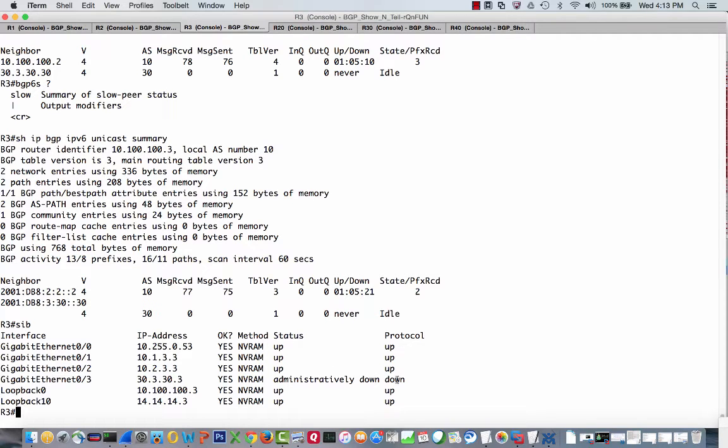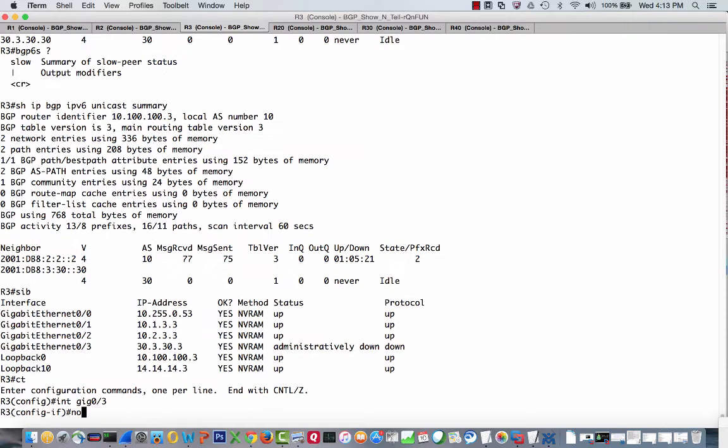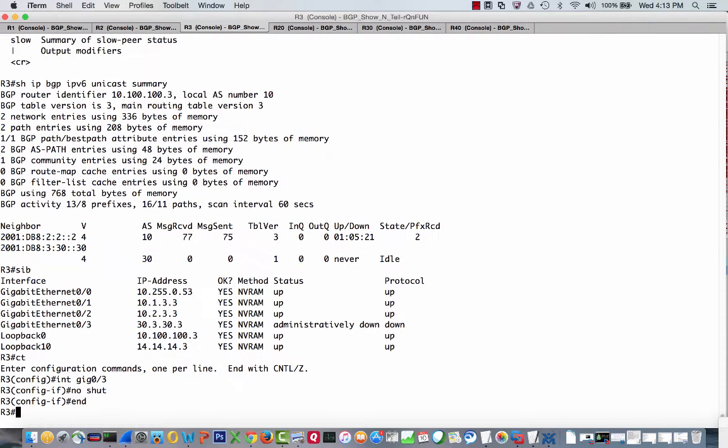By having this administratively shut down, when I no shut it, the sniffer trace will start and capture anything that comes from R3. So I'm going to shut this down, then no shut it, and both the eBGP IPv4 peer as well as the eBGP IPv6 peer will start to come up.